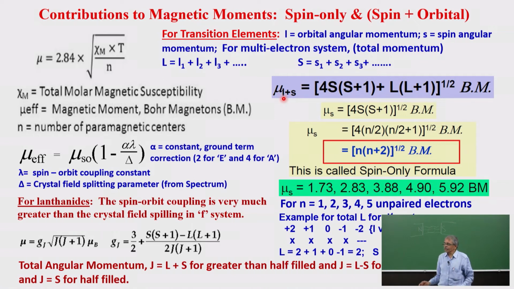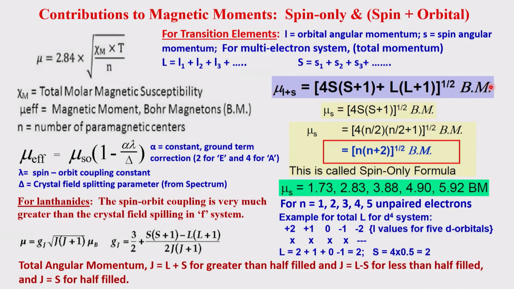You can calculate S, as I will show you in a while, then you can get the L value, and show whether the same thing is present in the system or whether any quenching has taken place. So for L plus S, it is the square root of 4S(S+1) plus L(L+1), in Bohr magnetons.